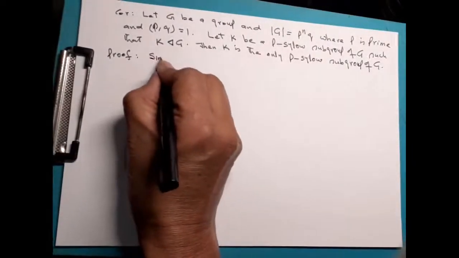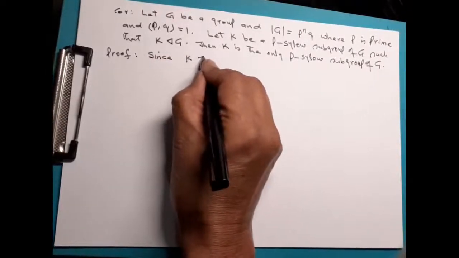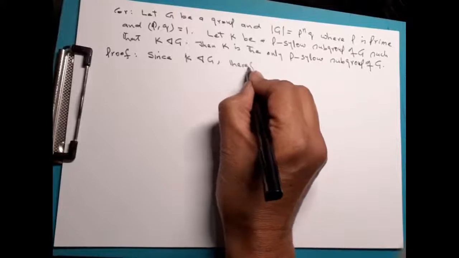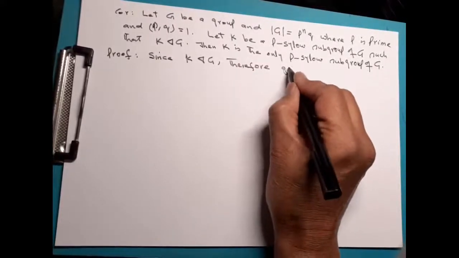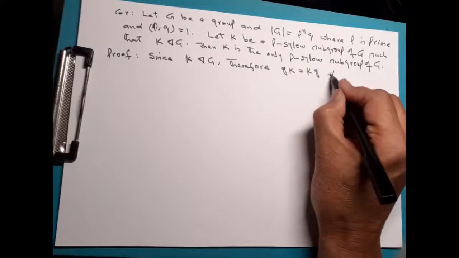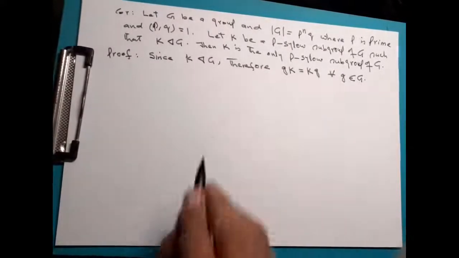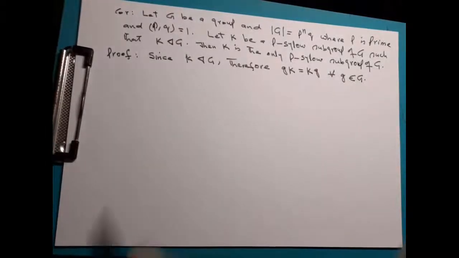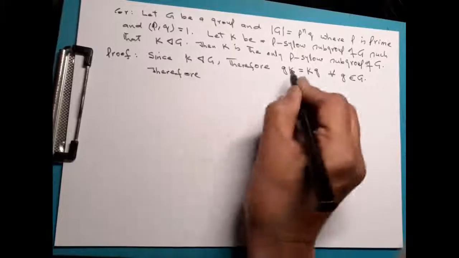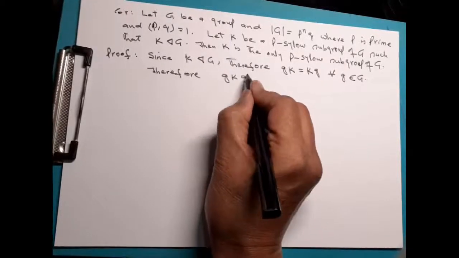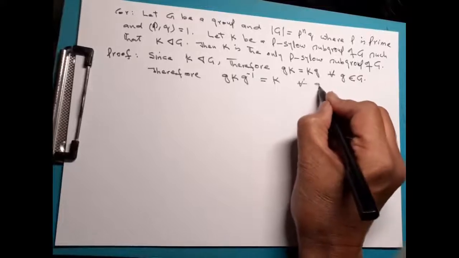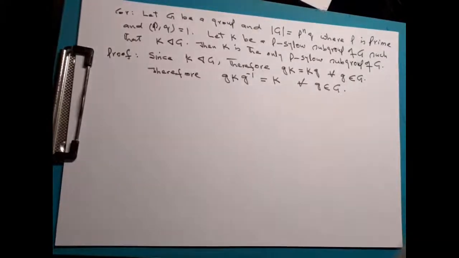Since K is a normal subgroup of G, therefore left cosets of K are equal to right cosets of K with elements of g for all g belonging to G. Since K is a normal subgroup, its left and right cosets are equal, and therefore we can write gKg inverse is equal to K, for all g belonging to G, because K is a normal subgroup of G.